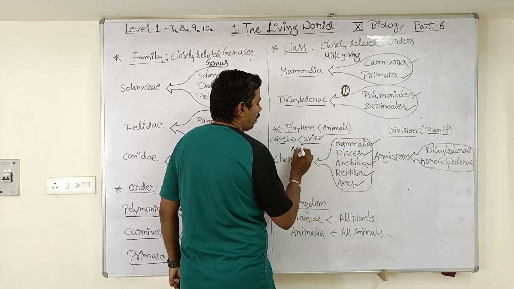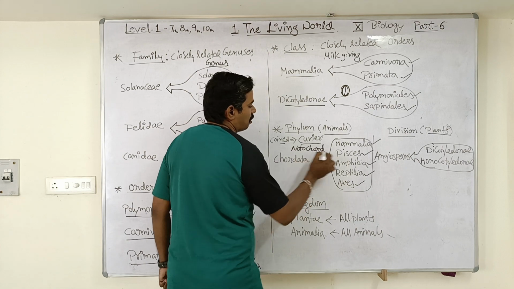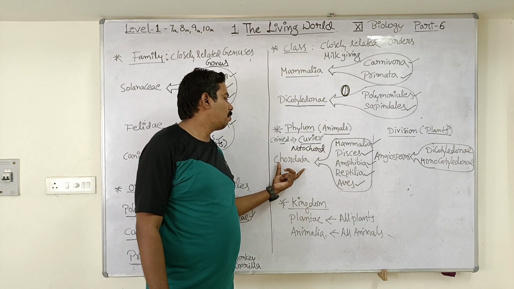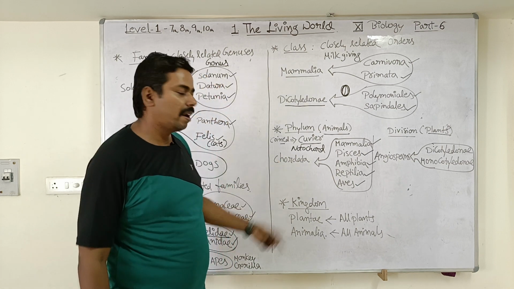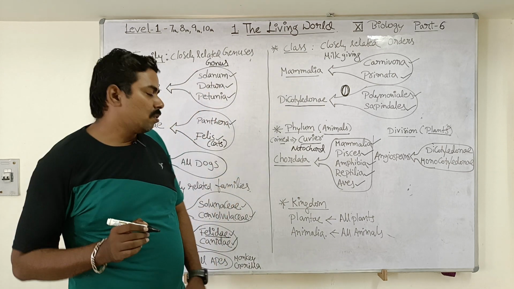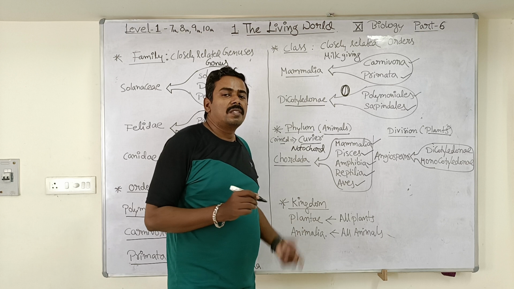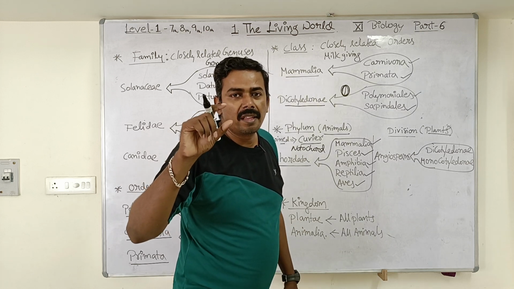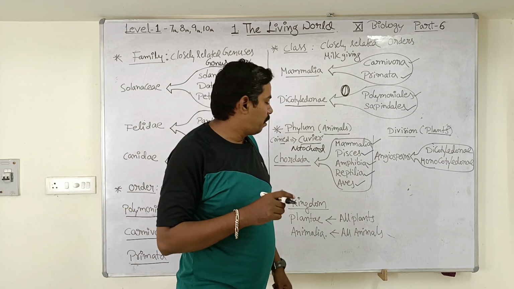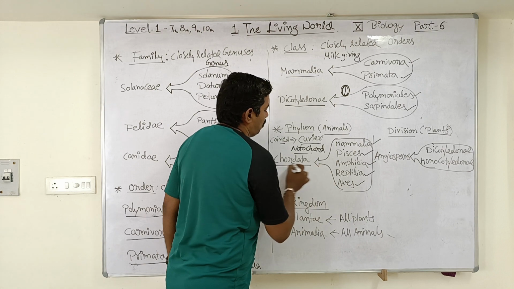Based upon this presence of notochord, they are included in a separate phylum called Chordata. What is the name of the phylum? Chordata. The phylum Chordata includes those animals which have a structure called notochord in their body. This notochord later develops into the vertebral column. Because of this character, seen in all these different classes, they are kept in the group called Chordata.